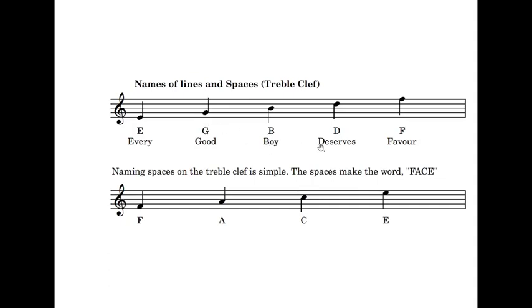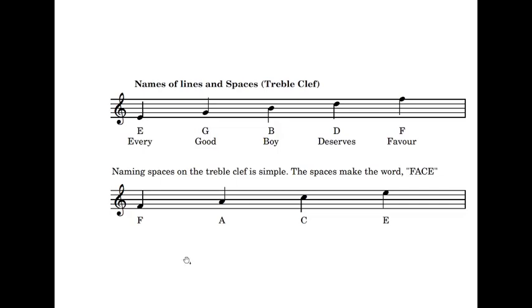Boy, that's third line from down. Deserves, that's fourth line. Favor, that's the fifth line. So this would be, every good boy deserves favor. That is our formula. I hope you get it by heart and you don't forget it.